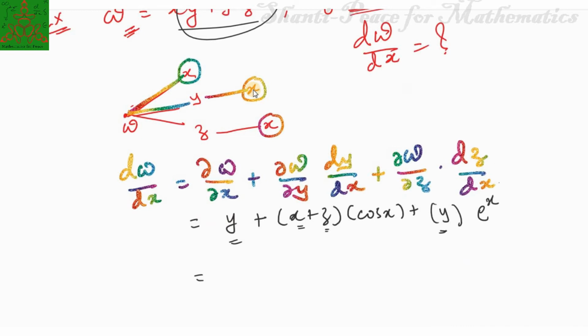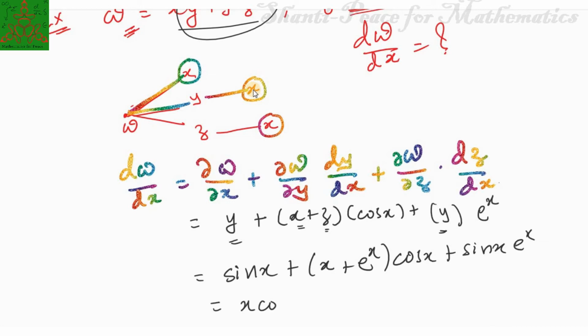So the value of y is given as sin x. So this is sin x plus e power x, plus x plus e power x cos x, plus sin x e power x. So finally you will have x cos x plus sin x plus e power x cos x plus sin x. So this is the final answer you will have.